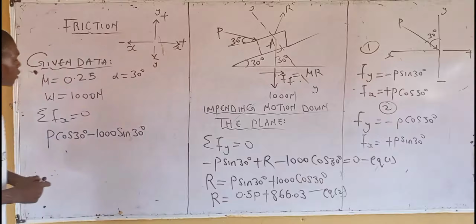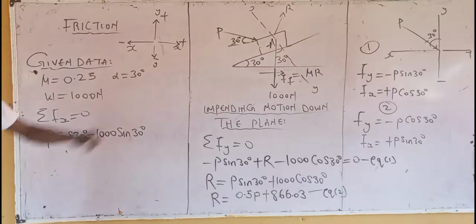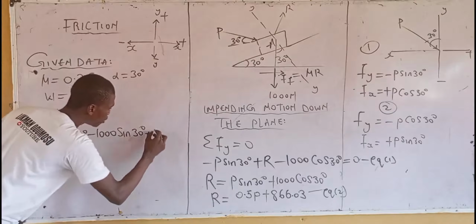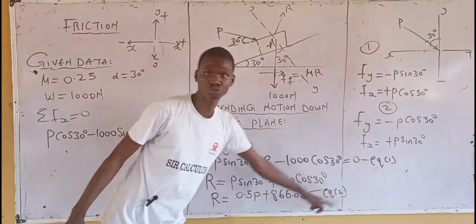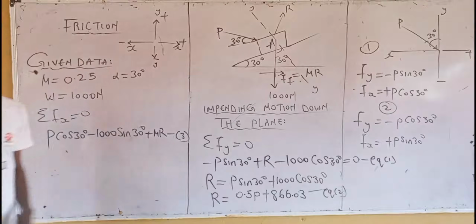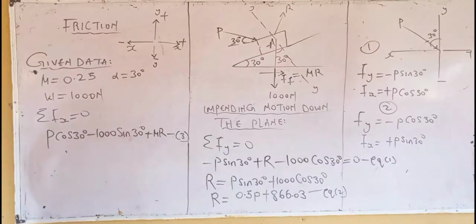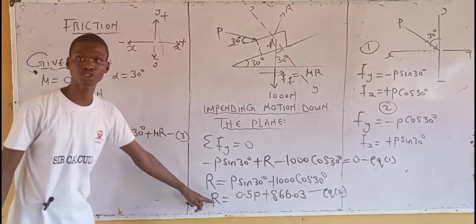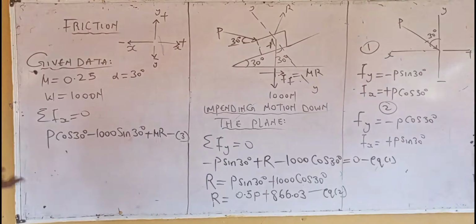So that's it. Now from here, what do you have? Plus mu r. Call this equation 3. Since we stopped at equation 2, you know this to be equation 3. Then from equation 3, you can substitute the value of equation 2. Now the task is calculating the value of r and p.